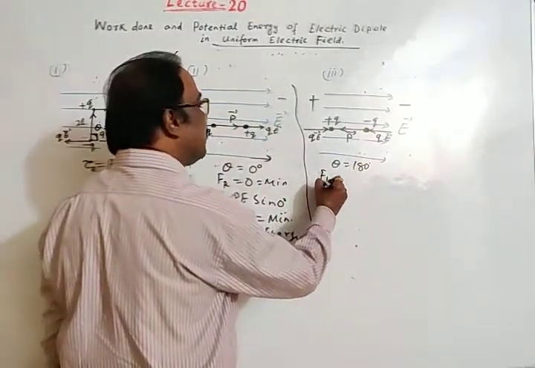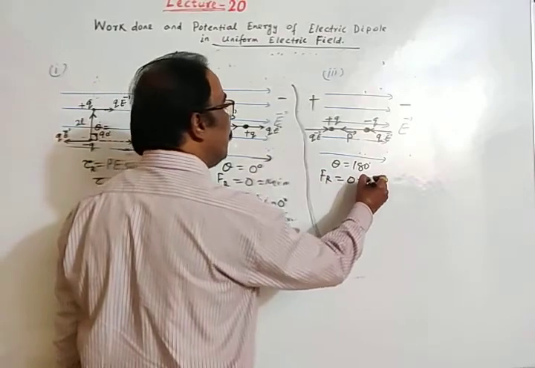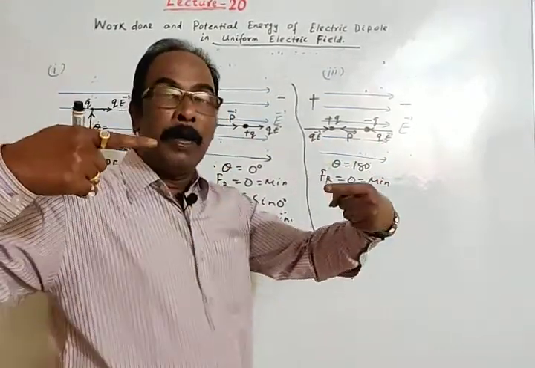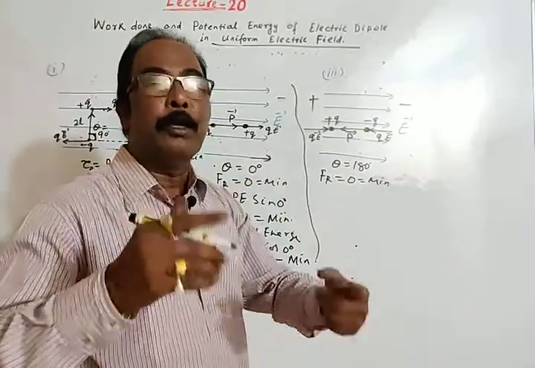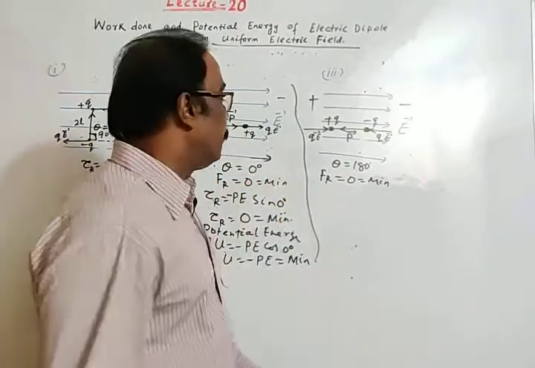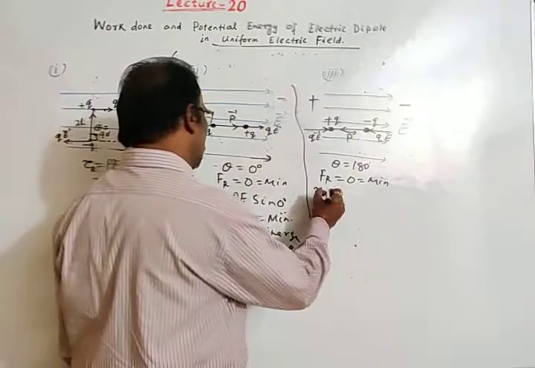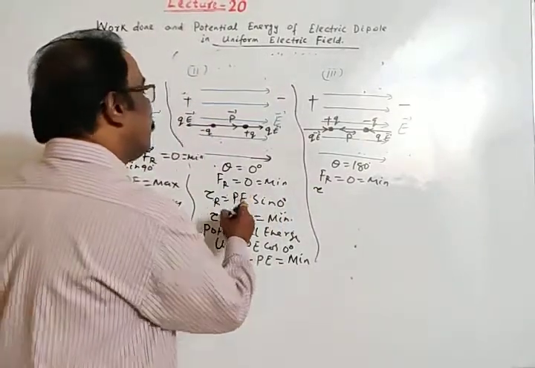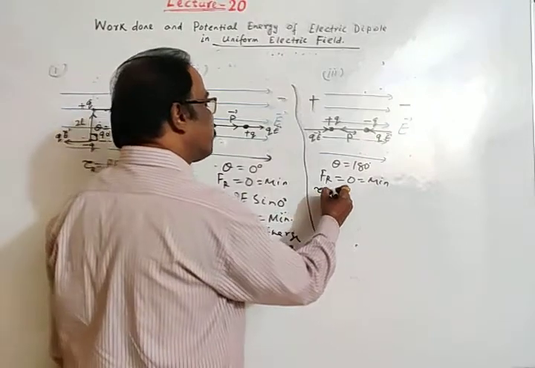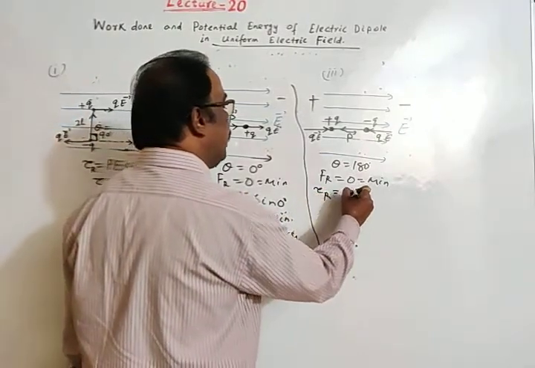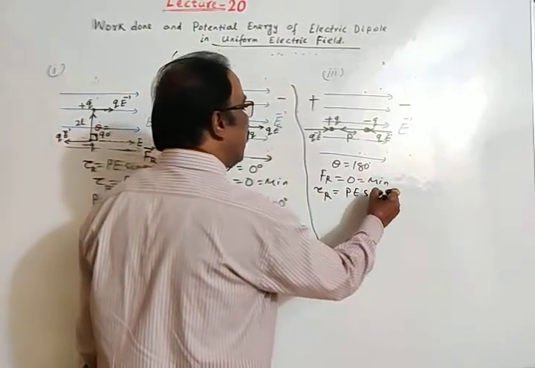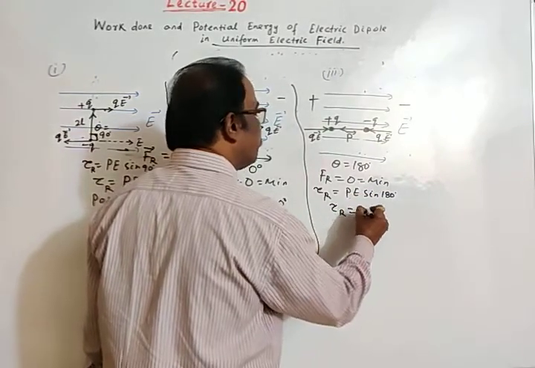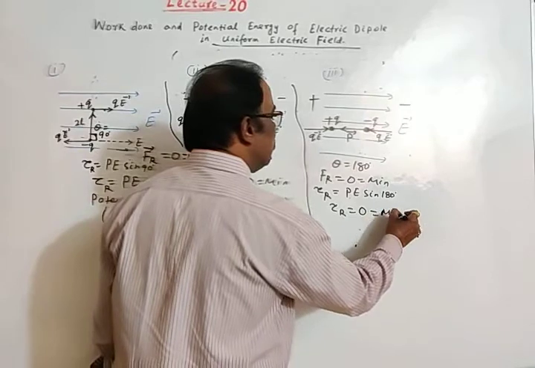In this case the resultant force is 0 because these two forces are equal in magnitude and opposite in direction. The resultant torque is P E sin theta, theta is 180 degrees, so the resultant torque is 0, meaning minimum.